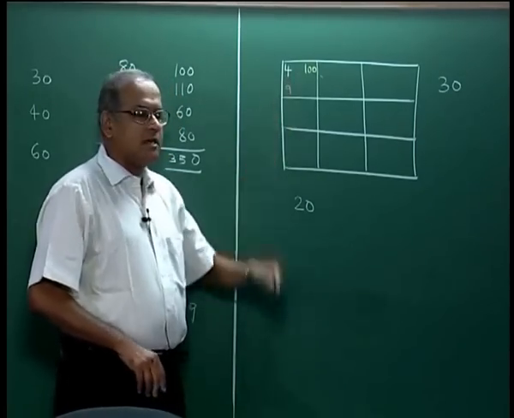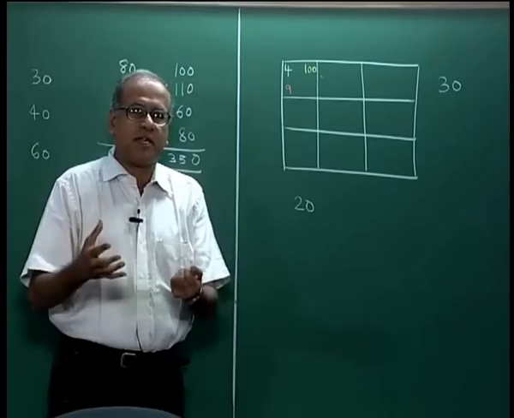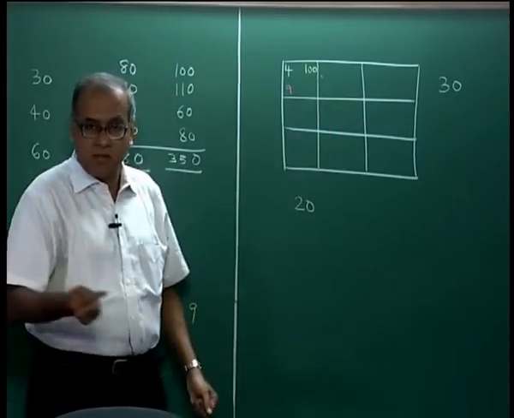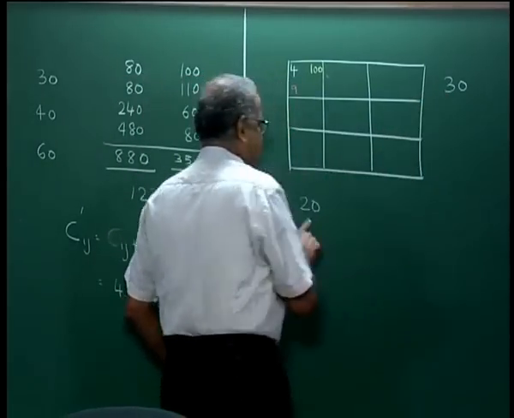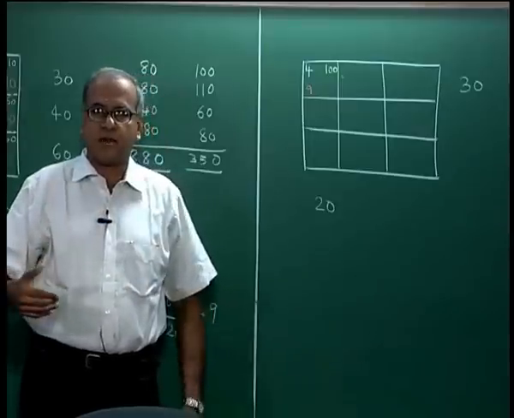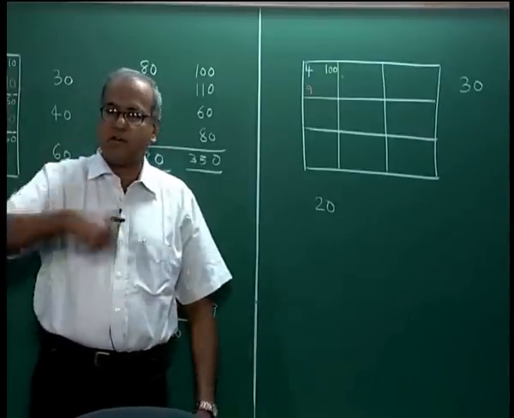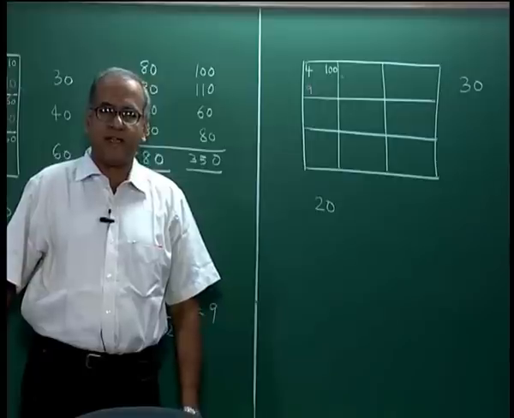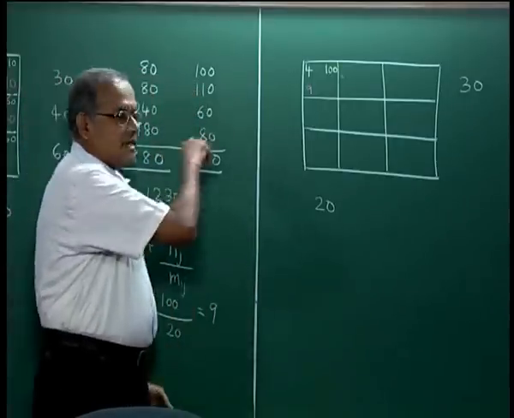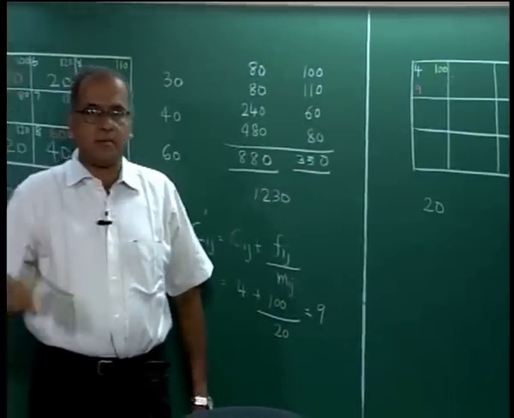Therefore, this 100 should be used in transporting a maximum of 20 from this to this. So, per unit the apportionment of the fixed cost can be 100 by the minimum of these two, which is 100 by 20, which is 5, and therefore, C dash ij becomes Cij plus Fij by Mij.